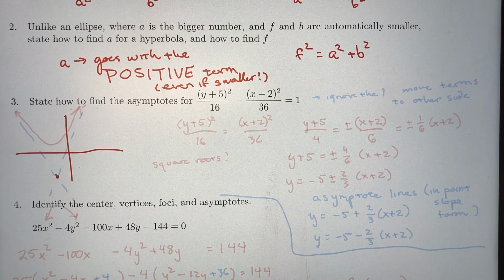That's the center. There's these guide lines that help you draw the hyperbola. So what happens is the hyperbola is up and down, getting closer and closer to these guide lines.